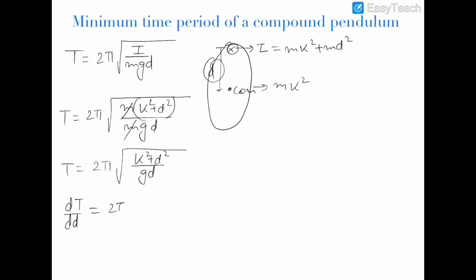So this is 2 pi by 2 under root of k square plus d square by gd, and 1 upon g is common, and then the differentiation of this internal function would be 2d.